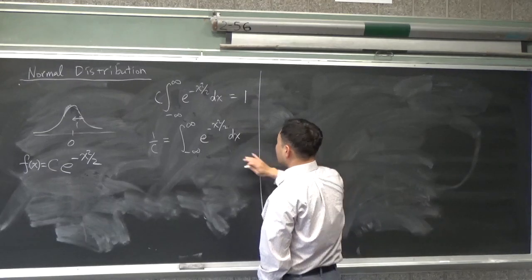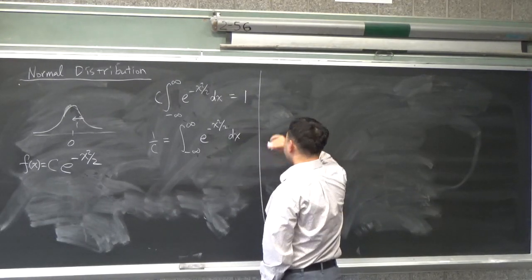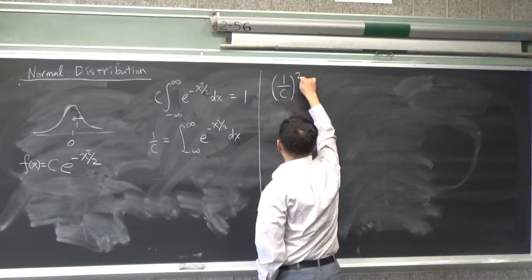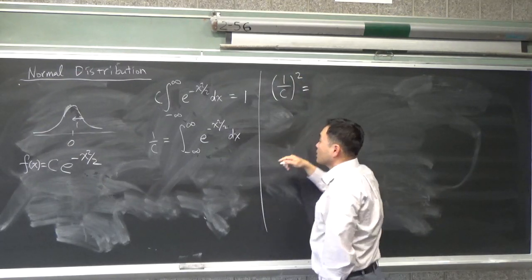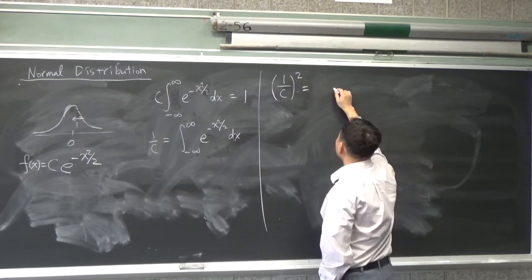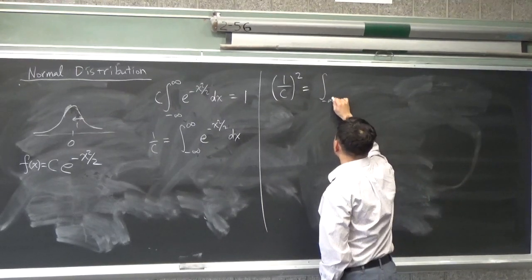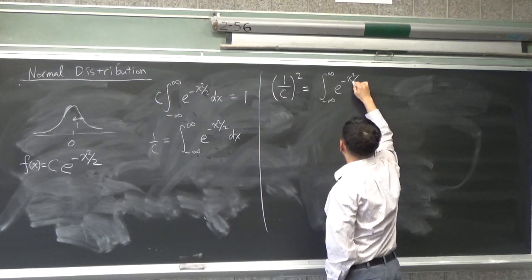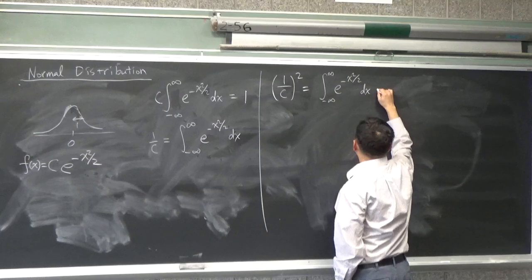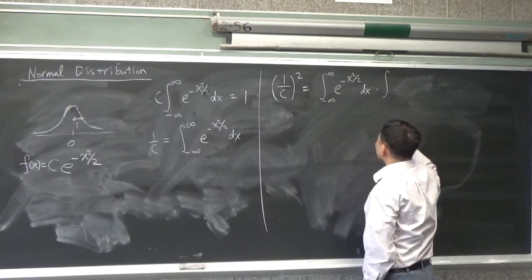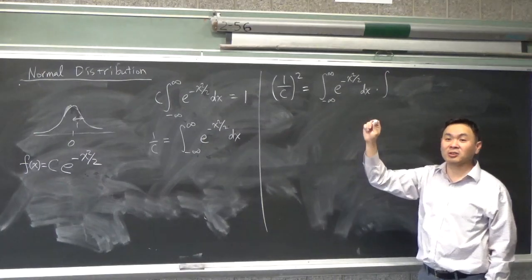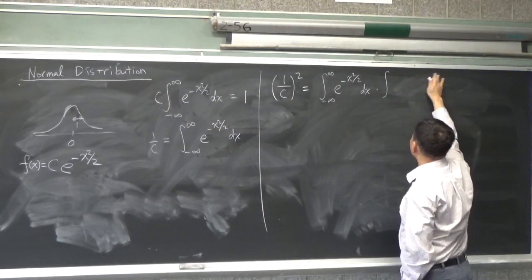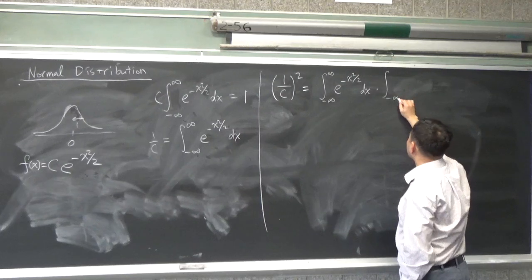So let me call this value 1 over c squared, and that means I have to multiply 2 of these. But then, because I want to combine this into a single double integral, I'm going to write this second one in terms of y instead of x.